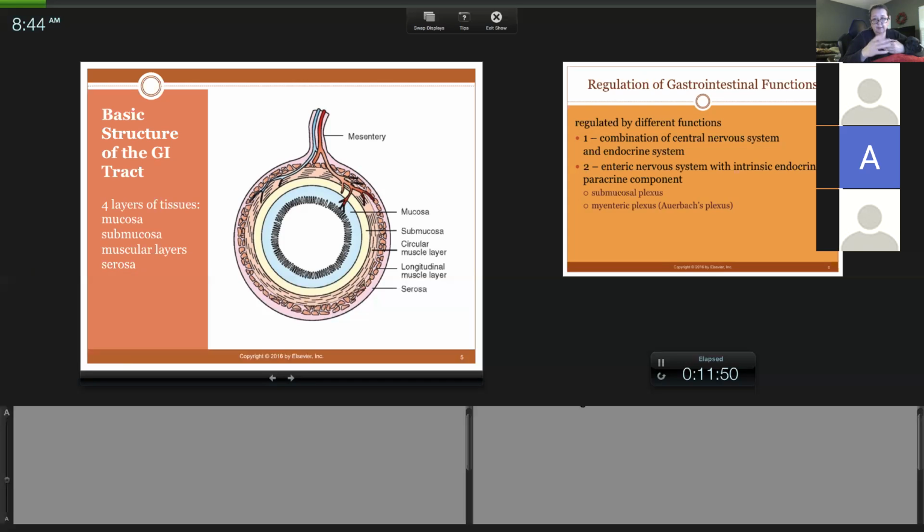So the intestines are part of that serosal layer of the abdomen. Okay, so the abdomen is a peritoneum. The serosa is a continuation of that, and it helps produce that fluid in the abdomen so that stuff doesn't stick together.